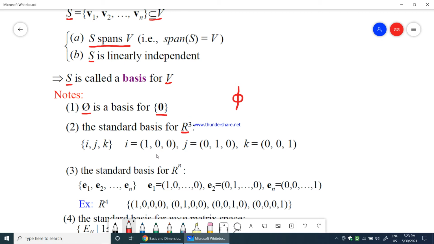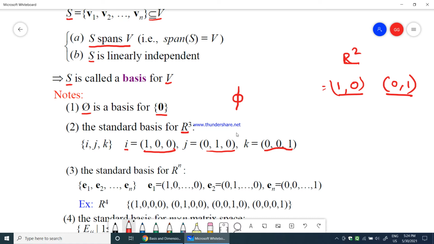For R square it would be (1,0) and (0,1), the 2 basis vectors. For R power 3, (1,0,0), (0,1,0) and (0,0,1) are the 3 standard basis vectors.